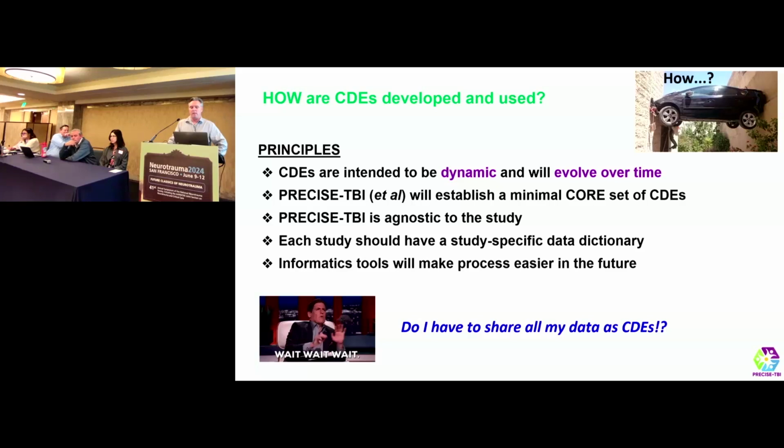The PRECISE team has established a minimum core set of CDEs, those critical ones at the abstract level that are important to be able to understand a study, so that you can decide whether you want to download that data to pool it with other data. PRECISE is agnostic to the study. We're informed by the funding bodies to develop these. We don't have any goals in mind for each study.